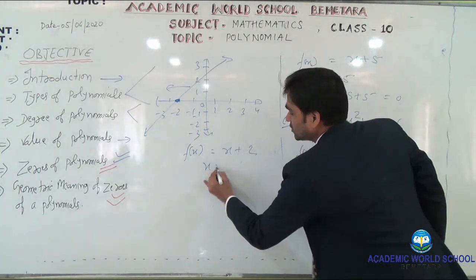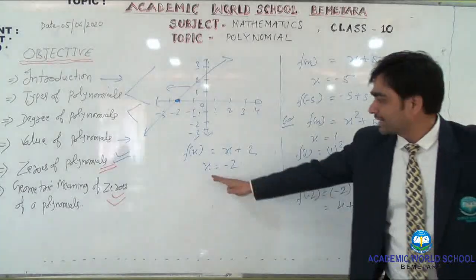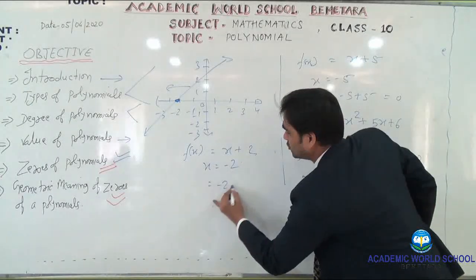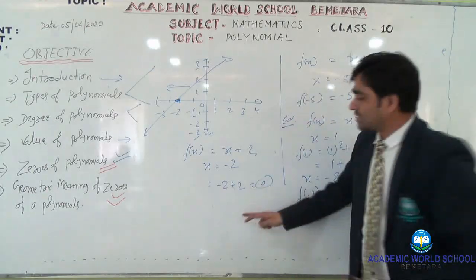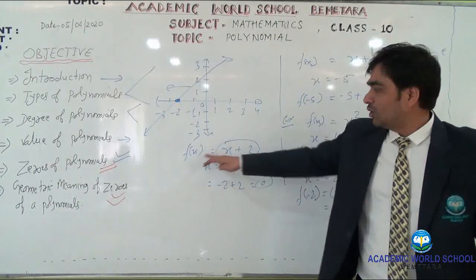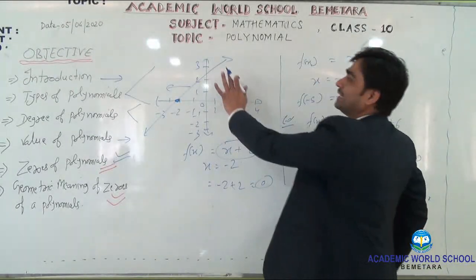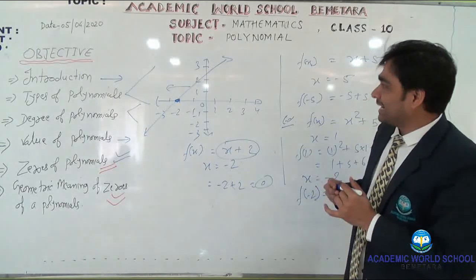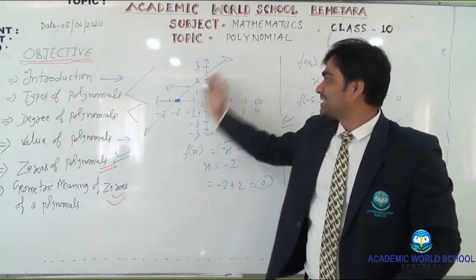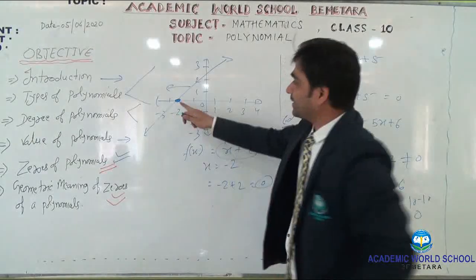So x equals -2 will be the zero. You can substitute and check: -2 plus 2 is equal to 0. Similarly, if you take two solutions of this polynomial and draw the line, the line will look like this, and this line intersects the x-axis at which point?